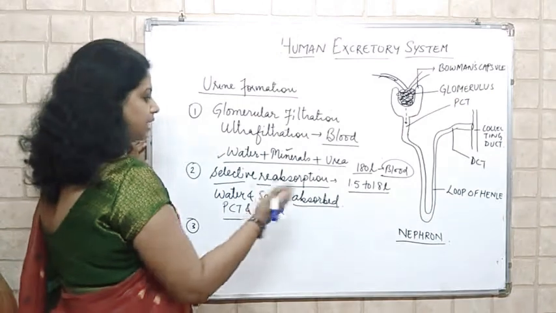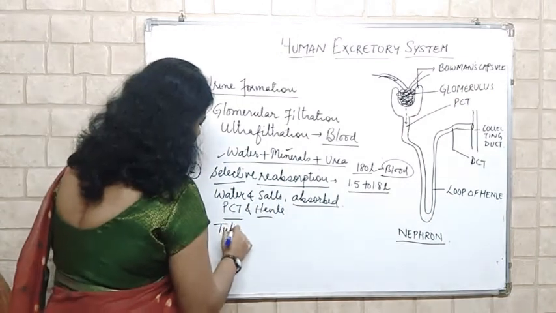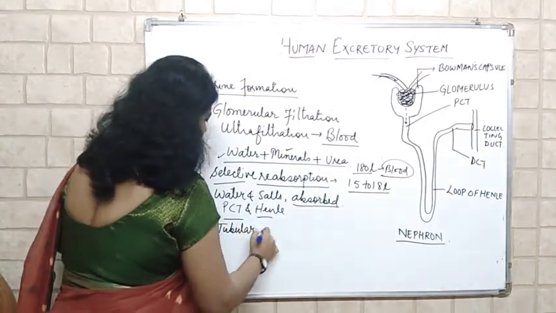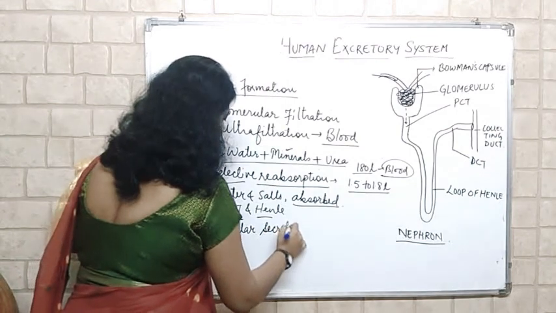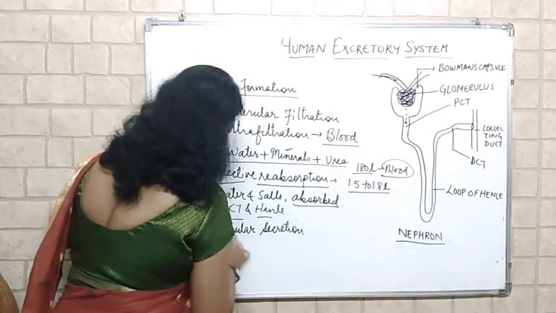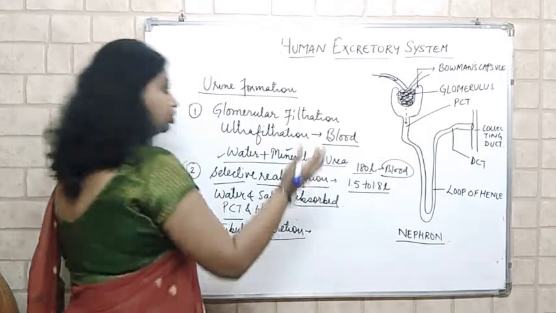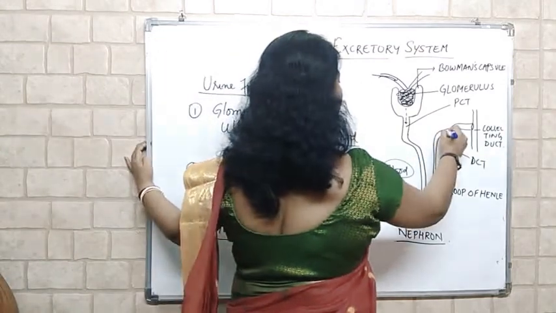And the third step is tubular secretion. Tubular secretion involves throwing out all the waste.